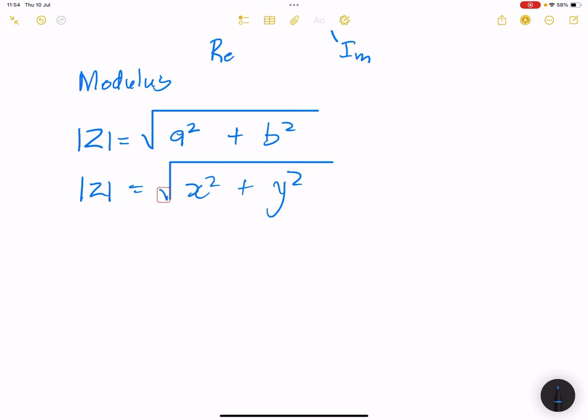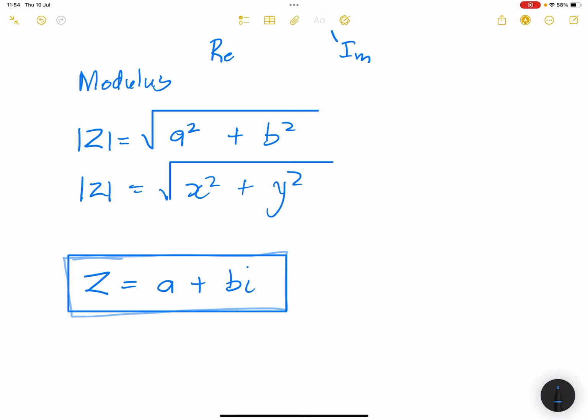What I want us to do today is juggle between the polar form and the rectangular form. When we look at this format, a plus bi, we call this the rectangular form.